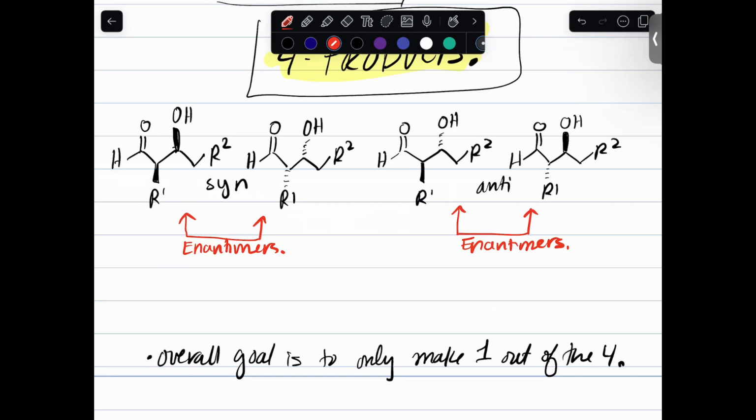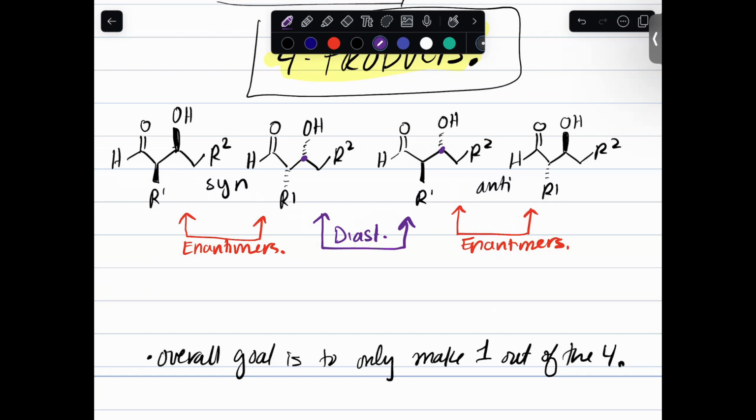Additionally, diastereomers are defined by at least one of the stereocenters in your molecule not changing. So I'm going to label these in different color. These are diastereomers of each other. Note that the carbon bearing the alcohol groups is the only stereocenter that hasn't changed.